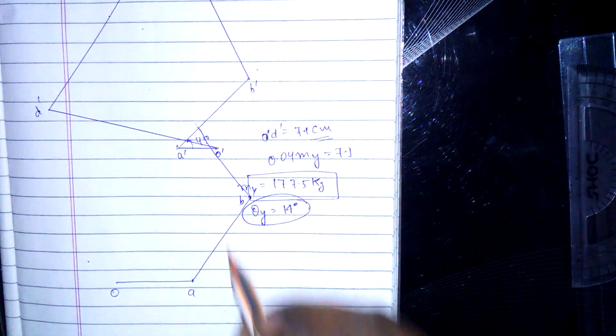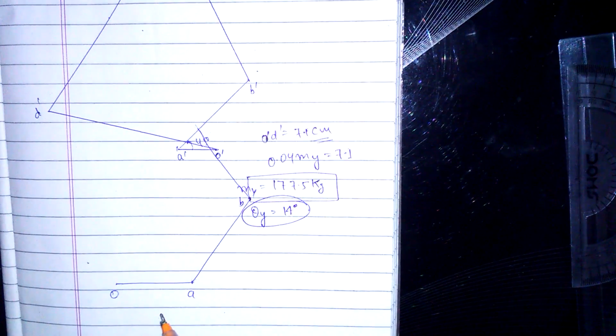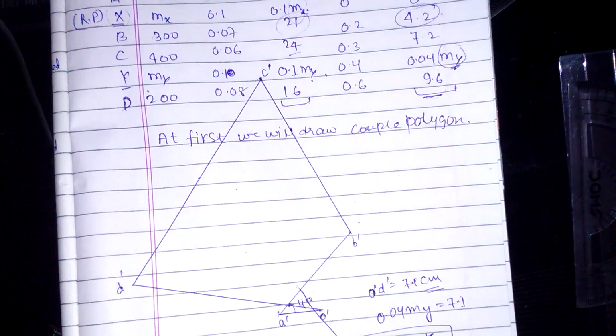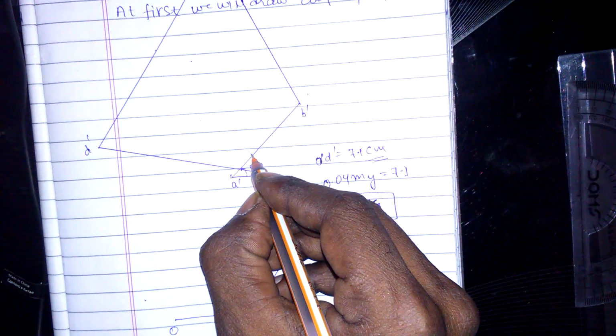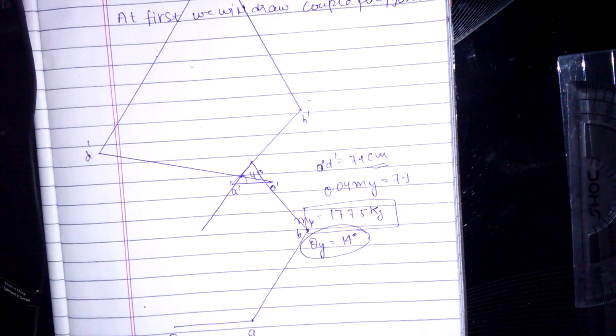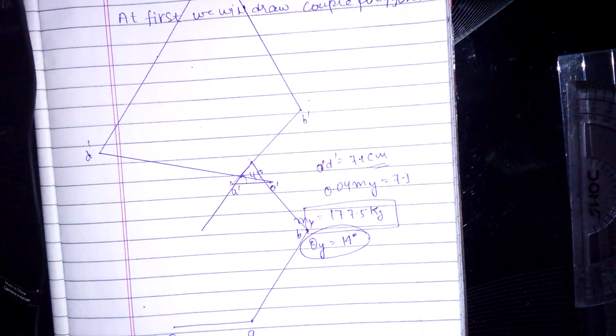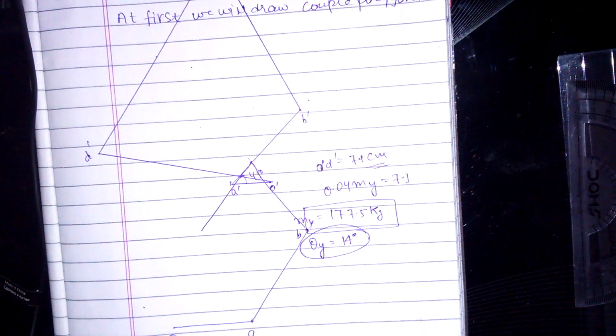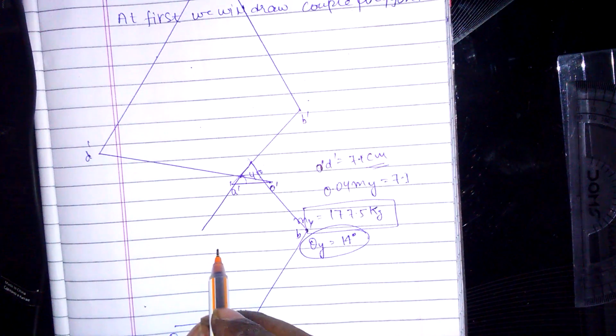Now C to D it is about 120 degrees anti-clockwise. Now D to E, we have calculated that angle for my.